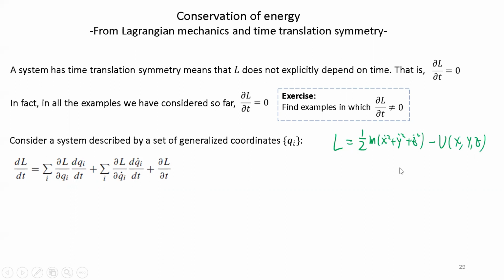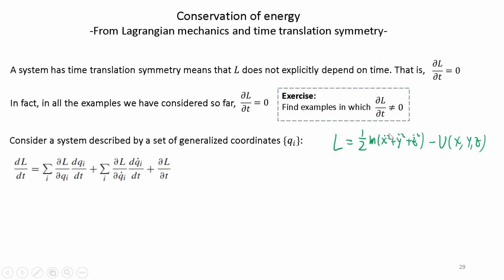In all the examples that we have, the Lagrangian written like this does not depend on time explicitly. Of course, one confusion here is that x, y, z and x dot, y dot, z dot are all functions of time. Yes, that's true, but that's not what we mean here.